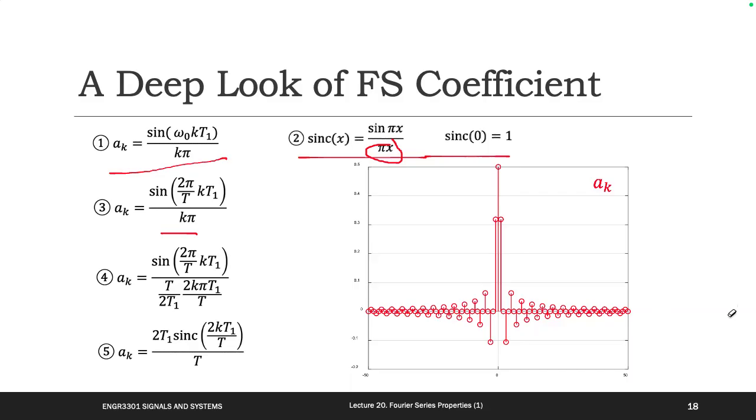Which means not all the frequencies affect one signal equally. This is what we want to know from the FS coefficient: sometimes only some frequencies decide the signal, and others may affect it, but very little.